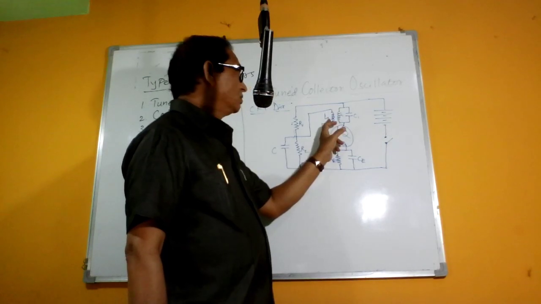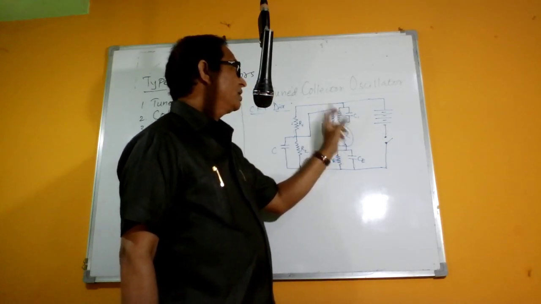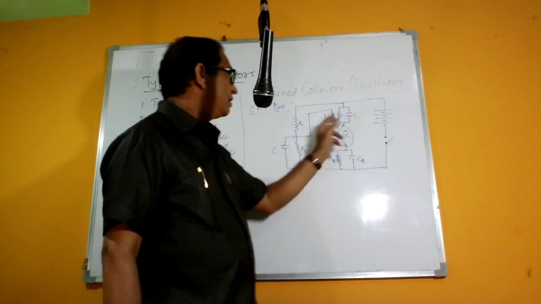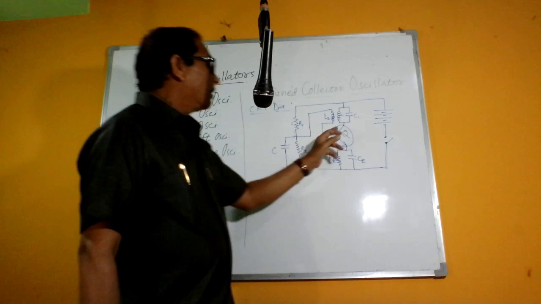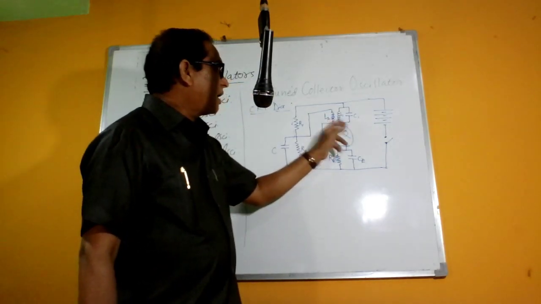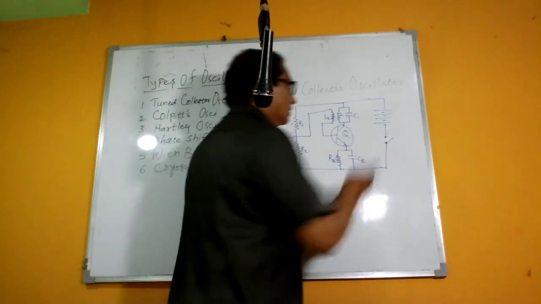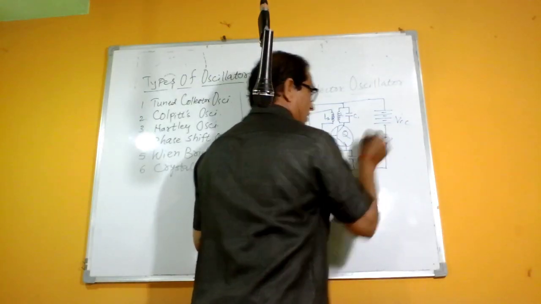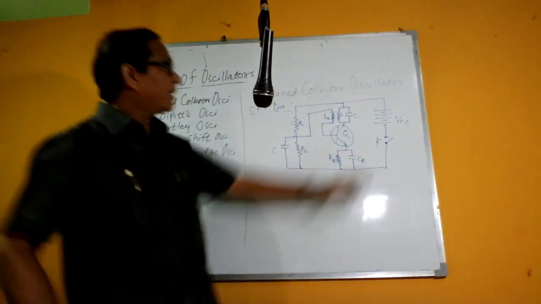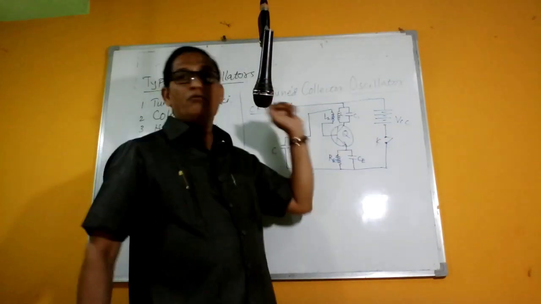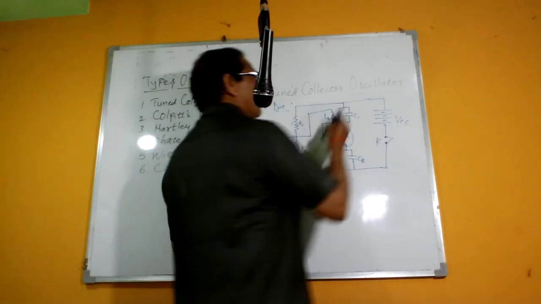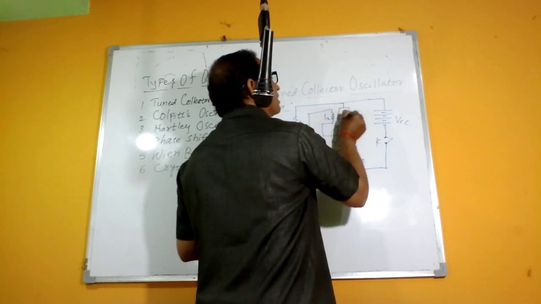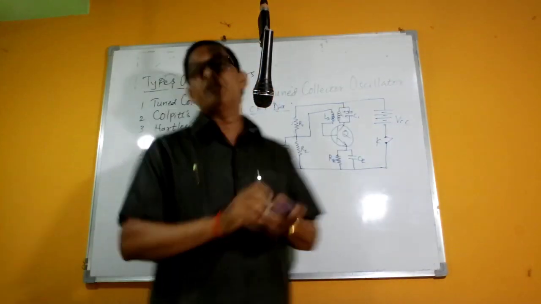This L2 is magnetically coupled to the tank circuit and the coil L1. If we close the switch, say this is the VCC supply, if we close the switch or key K, the collector current rises, which charges this condenser, so that the charges are developed across the condenser and the condenser gets fully charged.